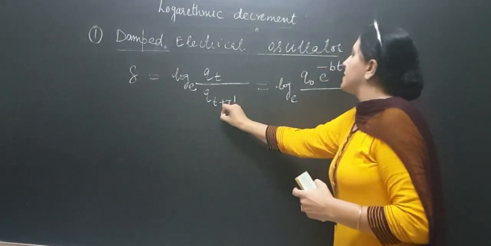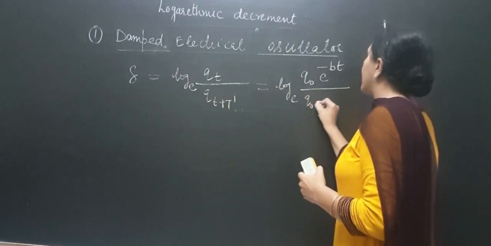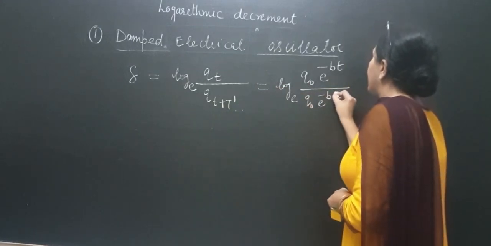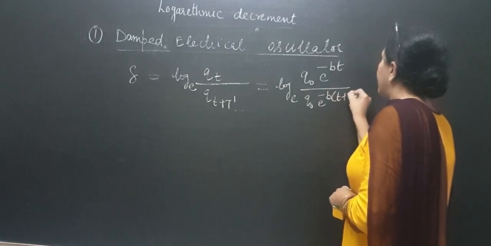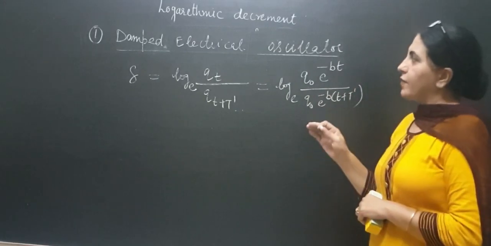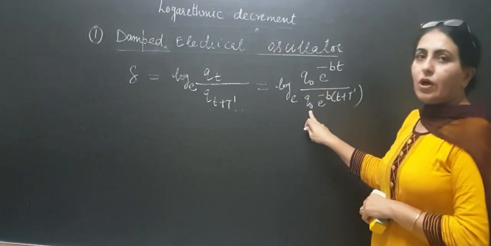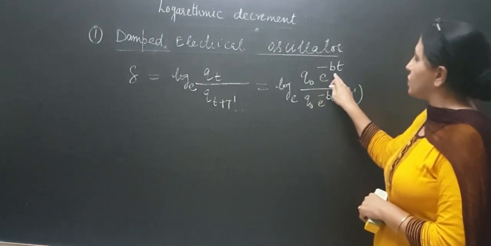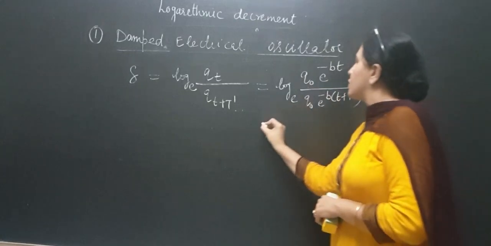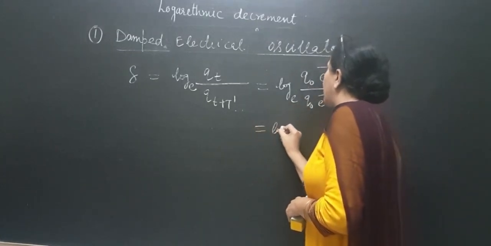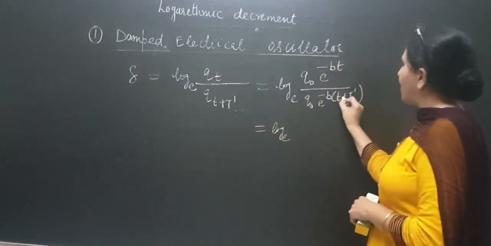At t plus T dash, it is q naught e raised to power minus b t plus T dash. In the same way as in the mechanical oscillator, q naught goes with q naught, and e raised to power minus bt goes with e raised to power minus bt. So only we have log of e raised to power minus bt.